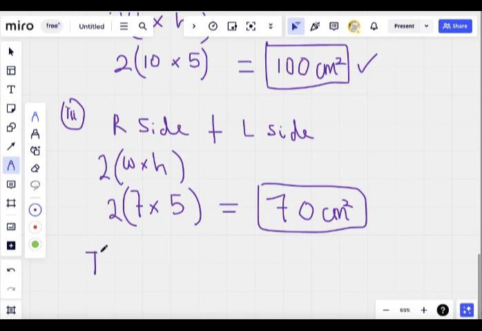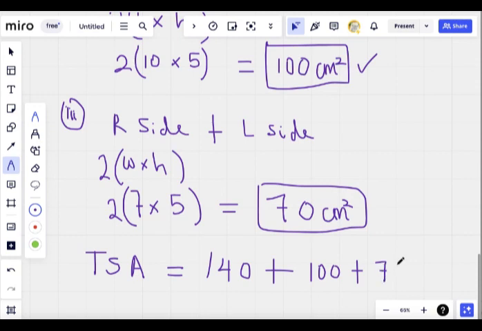the total surface area, what they ask us to calculate in this B part of the question, TSA, total surface area, is equal to the area of top and bottom, which is 140, plus the area of the front and back, the front side and the back side, which is 100, plus the area of the two sides, the left side and the right side, which is 70.